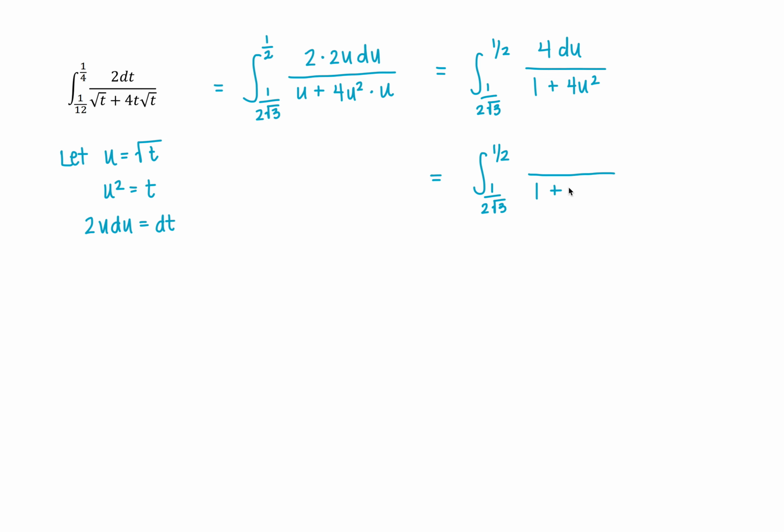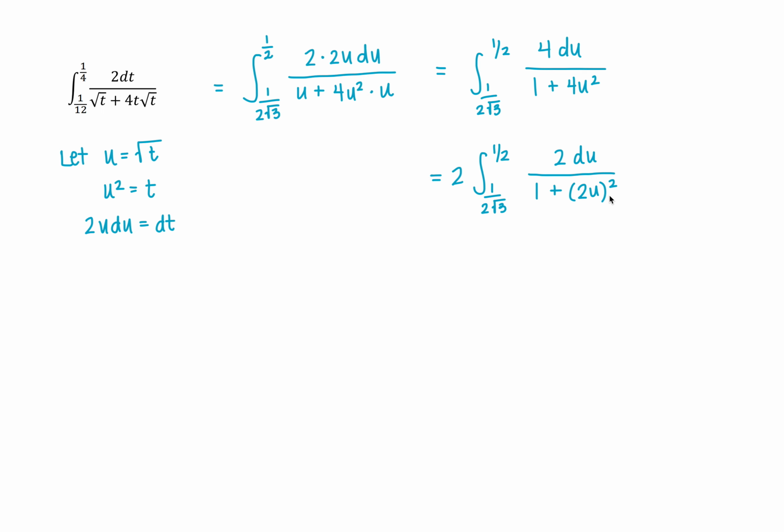And instead of 4u squared, I'm going to write this as 2u quantity squared. In the numerator, I need to have the derivative of this. The derivative of 2u is going to be 2 du. Well, I have a 4 du currently in the numerator. I only need 2, so the other 2 can go in front.